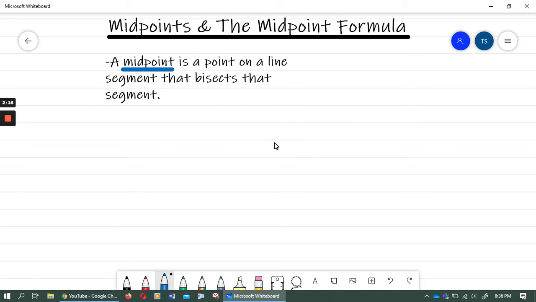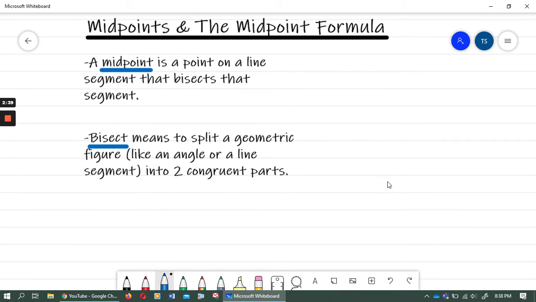It means to split a geometric figure into two congruent parts.